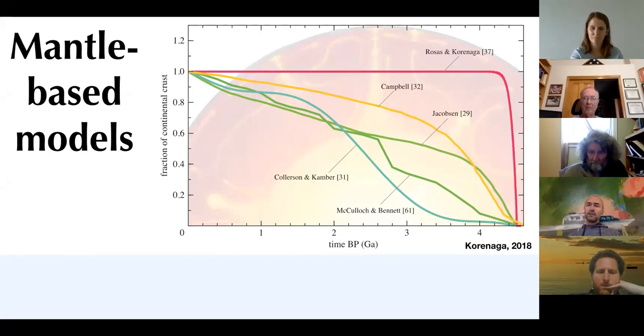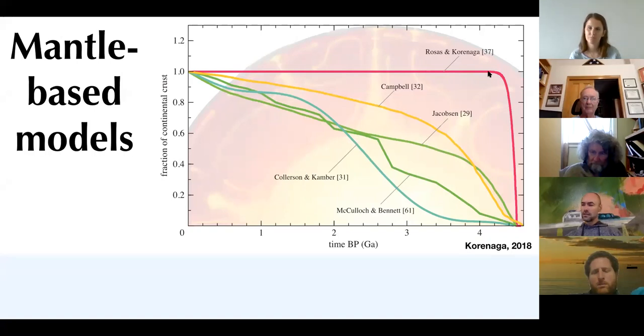And generally, these mantle-based models form an upper envelope of other crustal growth models, and so they generally show more crustal growth earlier than the crust-based models, and so they range from Rosas and Coronaga, which argues for 100% of crustal growth within the first few 100 million years, which mirrors quite nicely the, I guess, hypothetical growth curve of Armstrong back in the day.